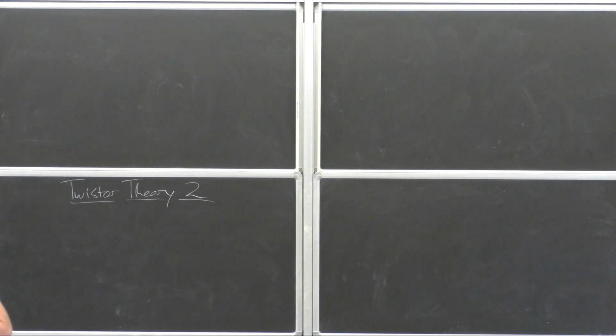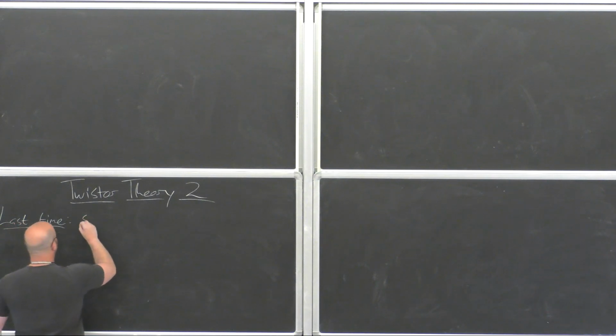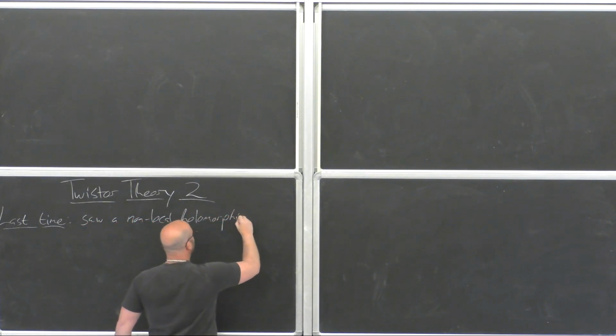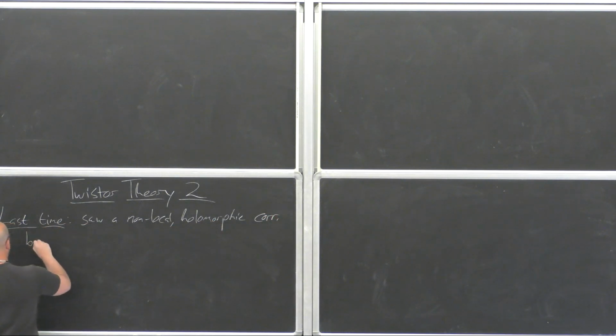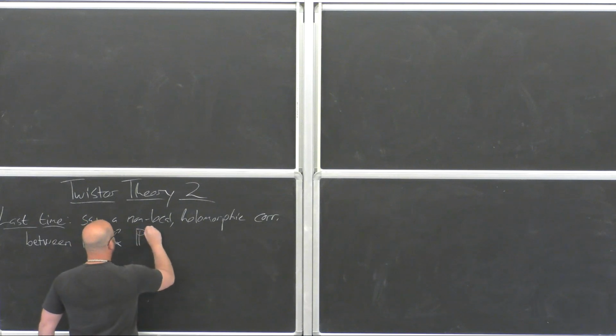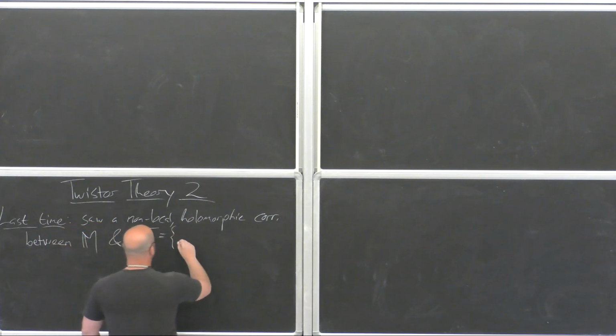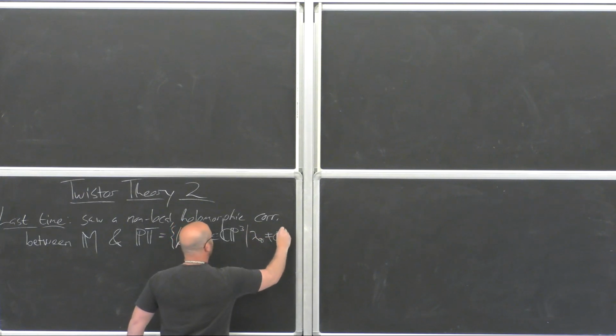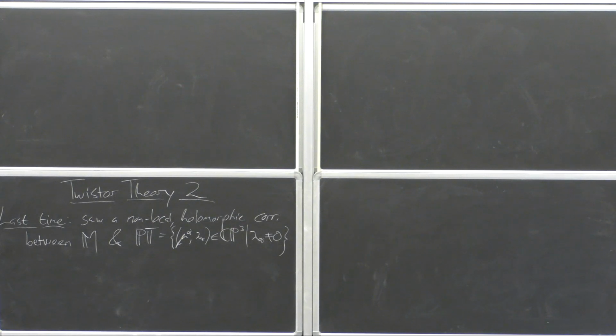In the last lecture on this, we saw that there was a non-local holomorphic correspondence between complexified Minkowski space and this thing we called Twistor space, which was an open subset of CP3, where points in this complexified Minkowski space corresponded to these Twistor lines, these linearly holomorphically embedded Riemann spheres in the Twistor space, and points in the Twistor space corresponded to these totally null two-planes in complexified Minkowski space.